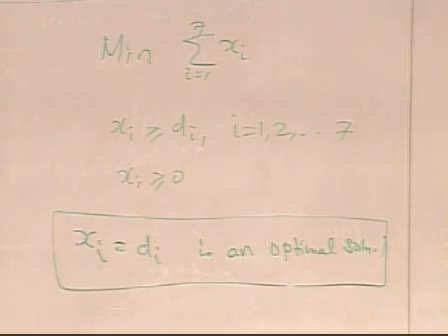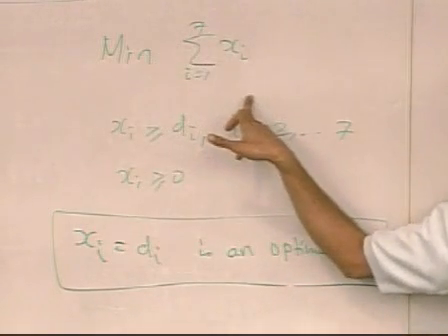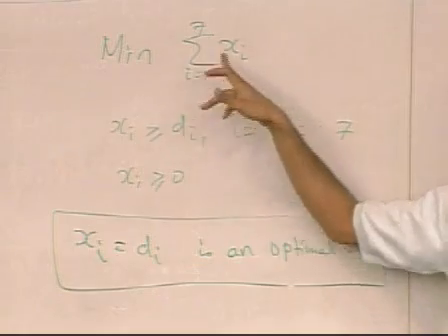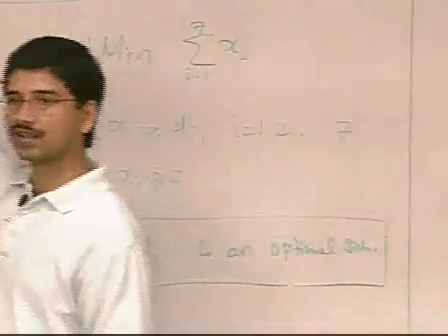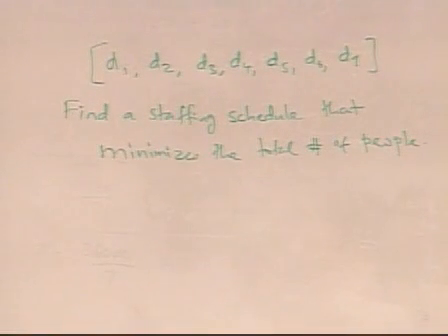But of course, this is not the total number of people you hire. The total number of people you hire, because of these constraints, you have no idea, because you have not kept track of the right decision variables. Let me say that again.